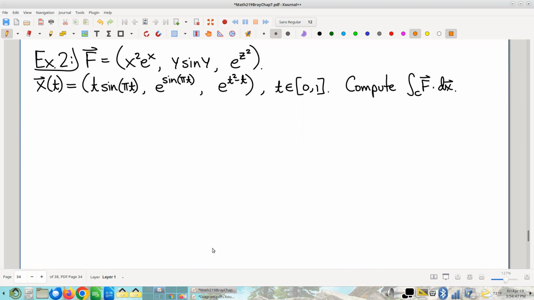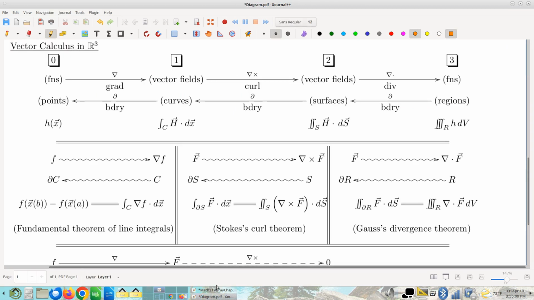Okay, let's see here. Context. 3 coordinates for our vector field, 3 coordinates for our parametric curve. This is clearly in 3 dimensions, and furthermore, we are looking at a line integral in 3 dimensions. So on the diagram, this is the same deal, right?